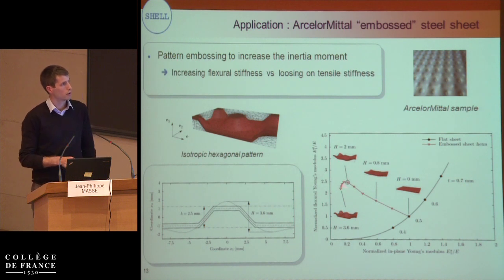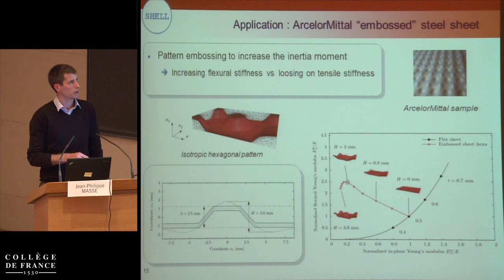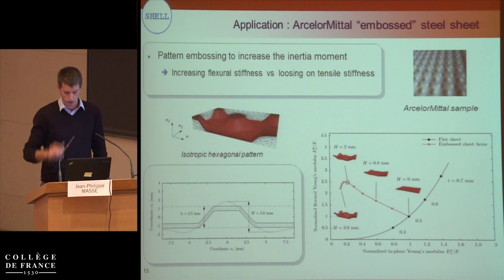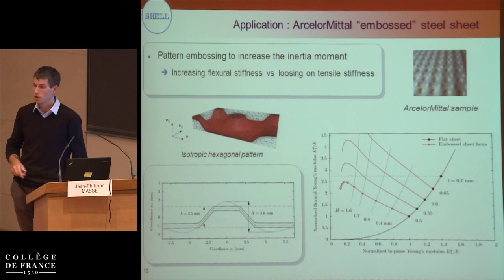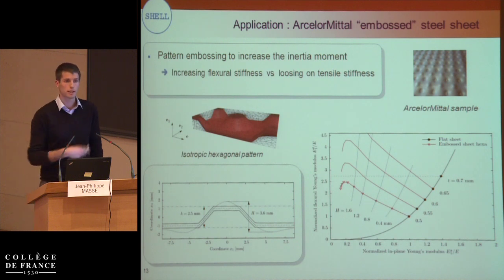So one conclusion is that this type of geometry, which is capped here, is not efficient, and the best one is when you reach just the bound. And then you can reproduce the computations for different thicknesses, and so have this kind of chart, which enables you to design the embossed sheet you want.